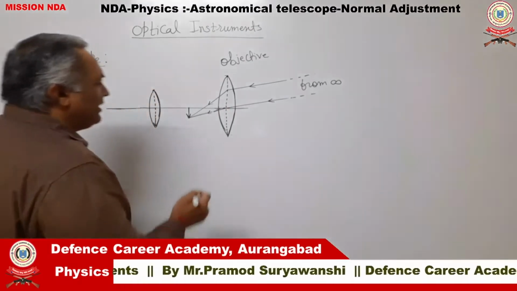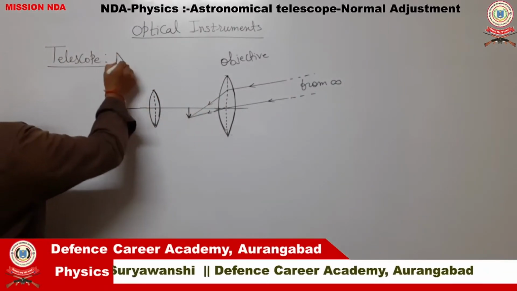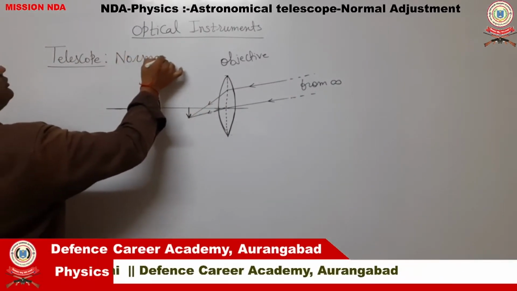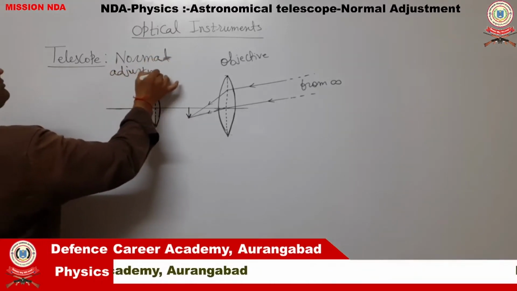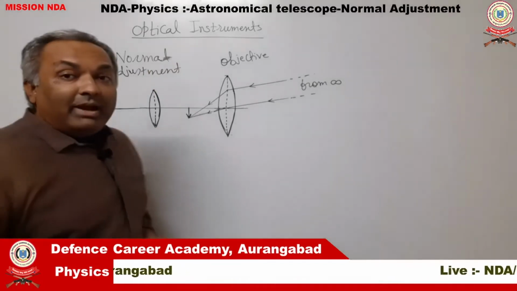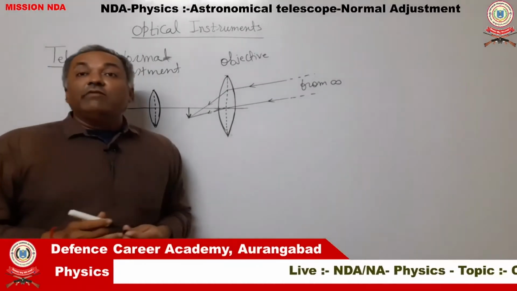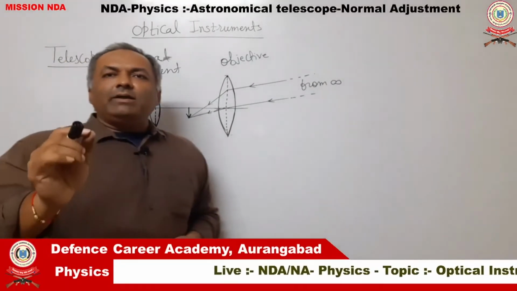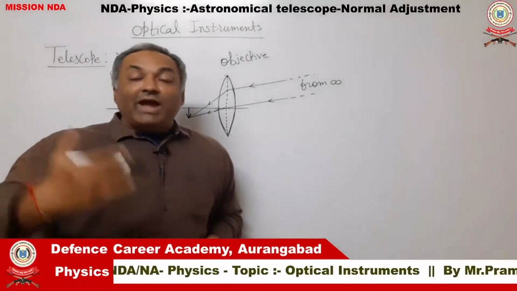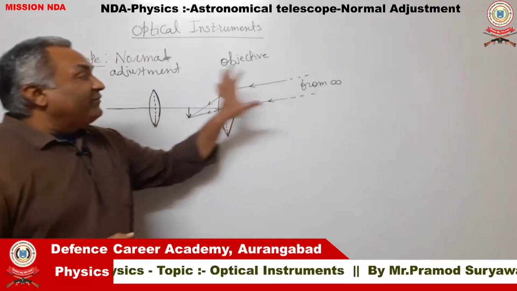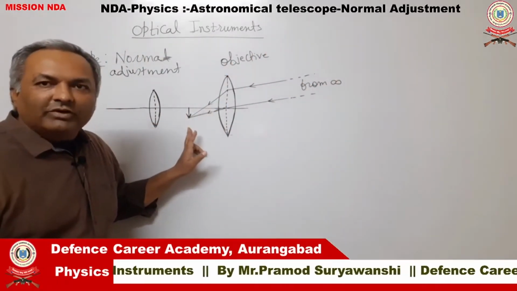Now, moving ahead, this ray diagram that we are seeing here is when this telescope is used in normal adjustment. Normal adjustment is when the final image is formed at infinity. So, for normal adjustment, the final image is at infinity. Image formation of the objective: object at infinity, image at focus, the focus of the objective.